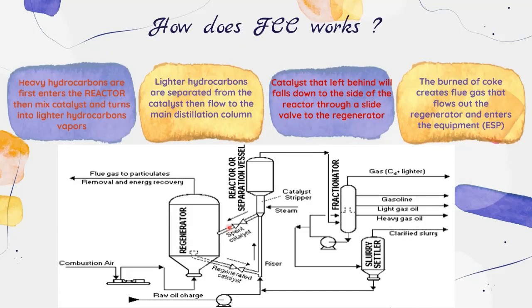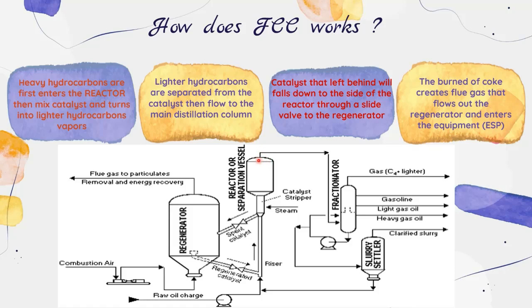Okay, next, let's move on to how the FCC works. First, heavy hydrocarbons enter the reactor and mix with the catalyst and are converted into lighter hydrocarbon vapors as they travel up the reactor.